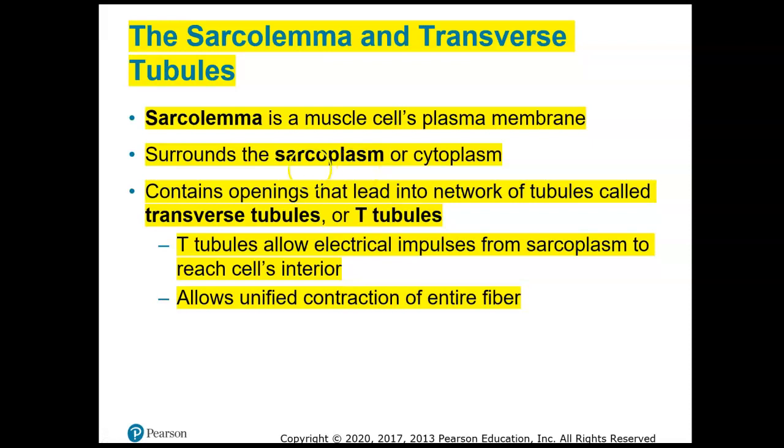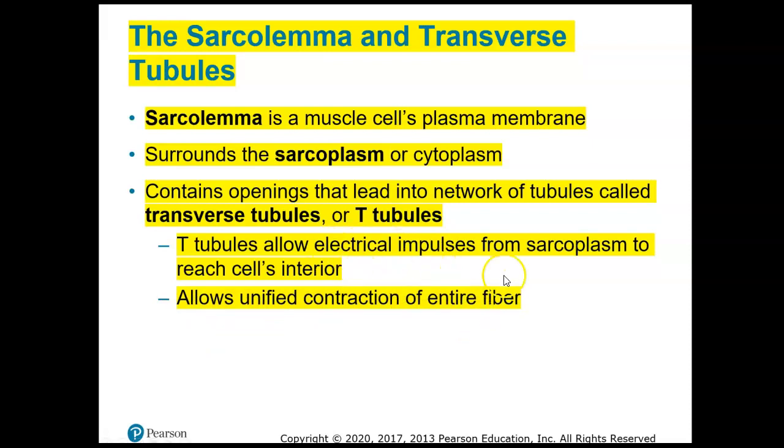And the sarcoplasm contains openings that lead into a network of tubules called transverse tubules, or we will just call them T-tubules. The purpose of the T-tubules is to allow electrical impulses from the sarcoplasm to reach the interior of the cell. And that allows unified contraction of the entire muscle fiber.